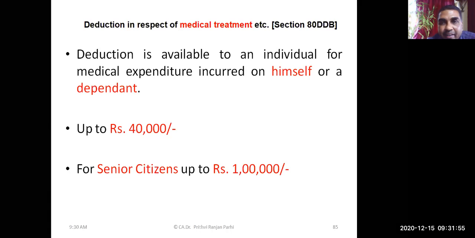Now, next is 80DDB. This is for medical treatment. Deduction is available for an individual for medical expenditure incurred for self or dependent up to 40,000 and for senior citizens up to 1 lakh.